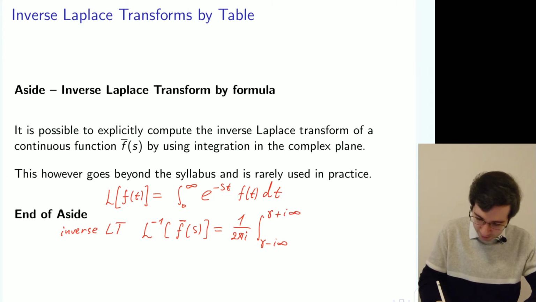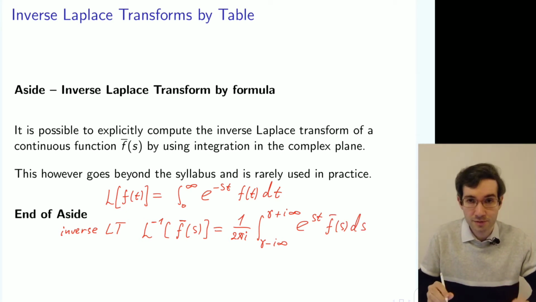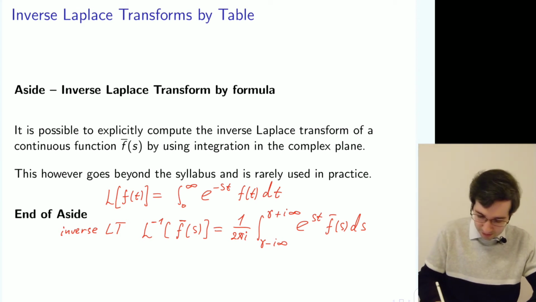And the i on top, in the bottom limit, is the imaginary number, a complex number. The integration happens with respect to S, which in general can be a complex number.